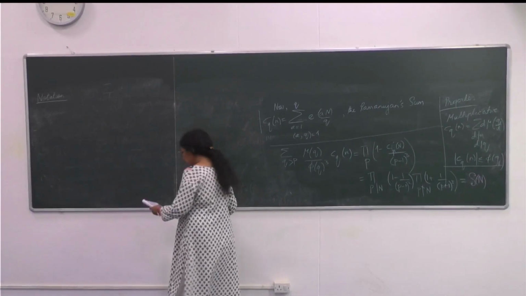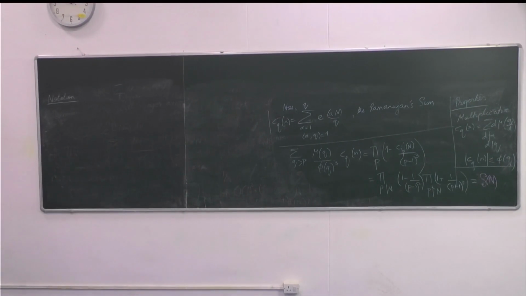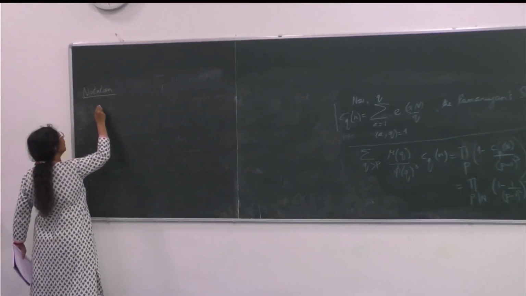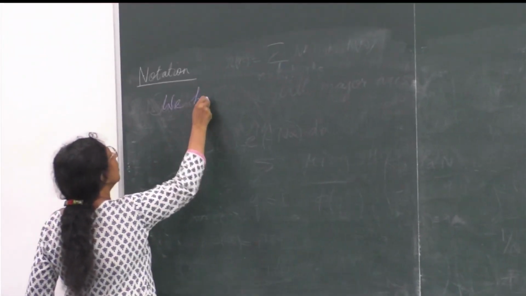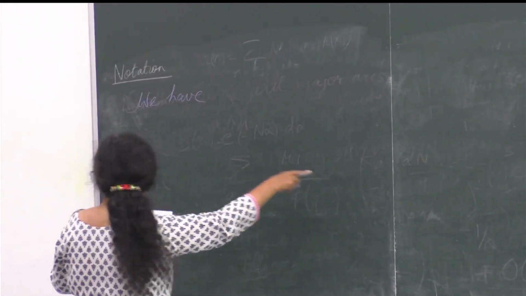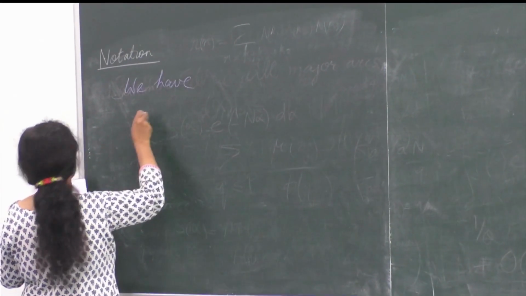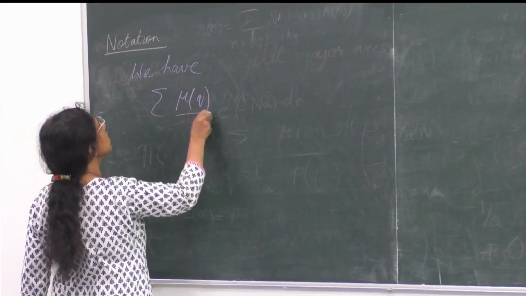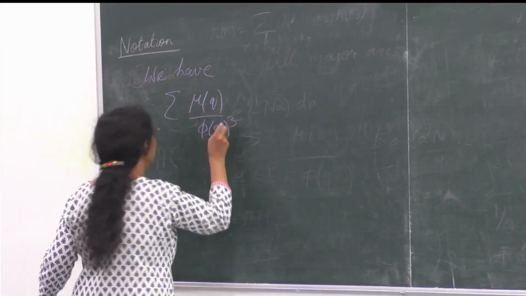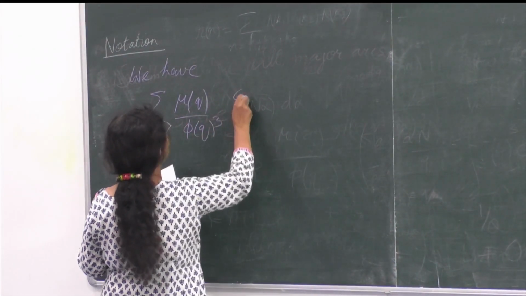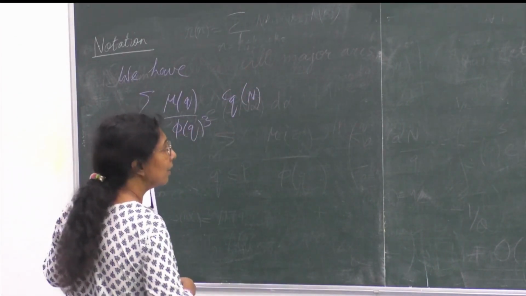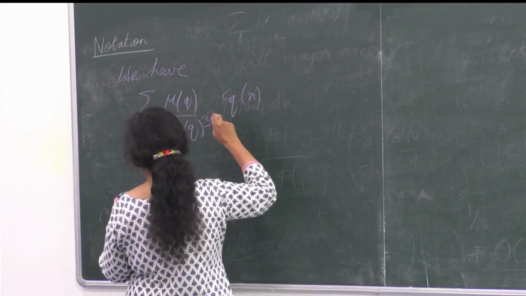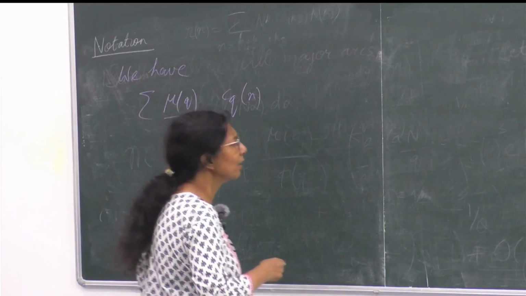We have got this, and then I can write again mu of q, phi of q cubed, c_q of N. Is it little n?